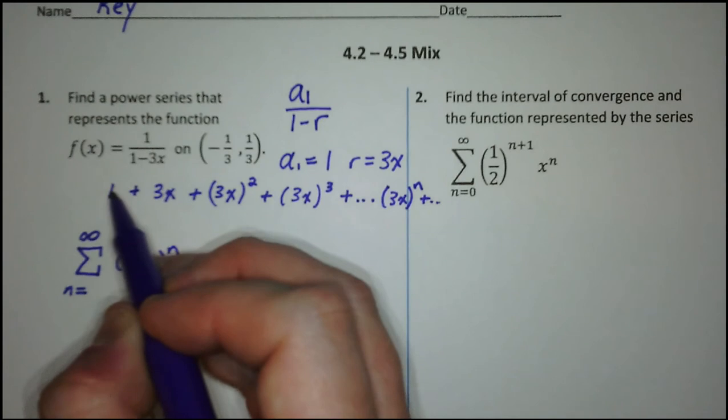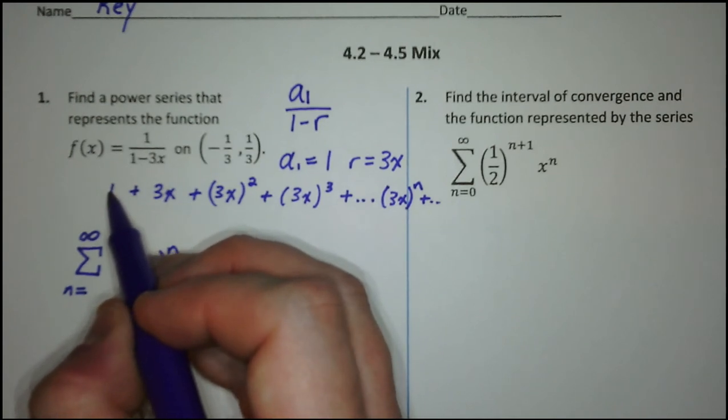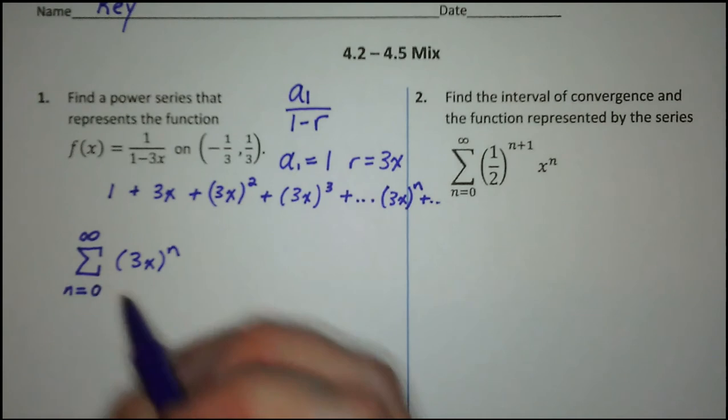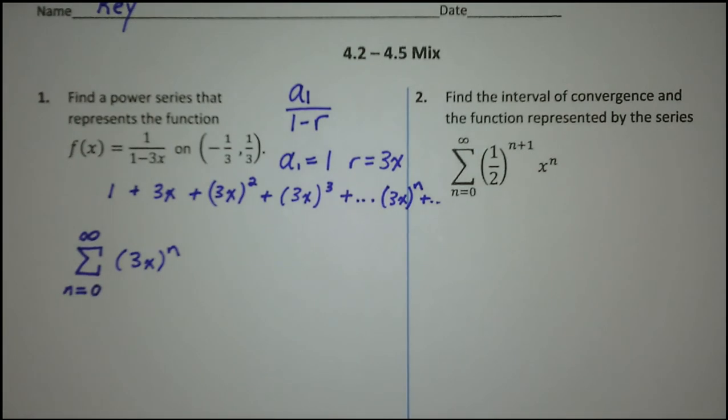Remember, our first term has to literally equal just 1. So I think we're going to need to start off with n equals 0, which is pretty common. And I think that's it.